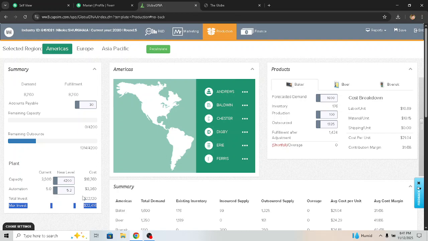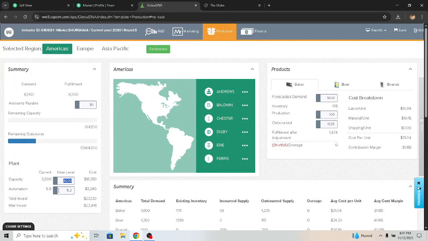We spent 18,760 in capacity. We increased our capacity from 3,500 to 4,200, because we are having a growing demand in the market, and we are likely going to sell more in the coming round, so we had to increase our capacity. We also increased our automation from 5 to 5.2.